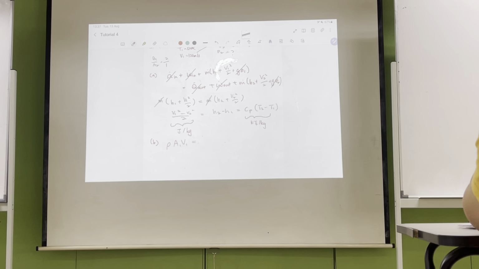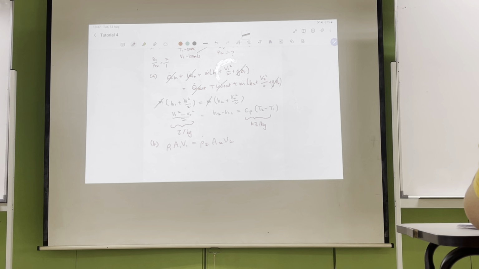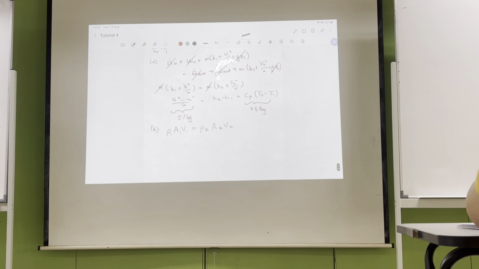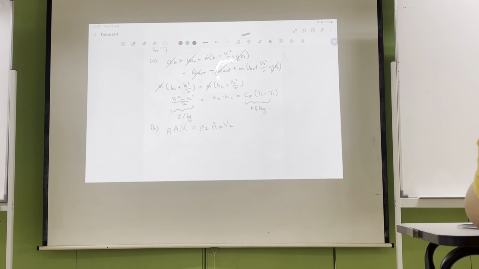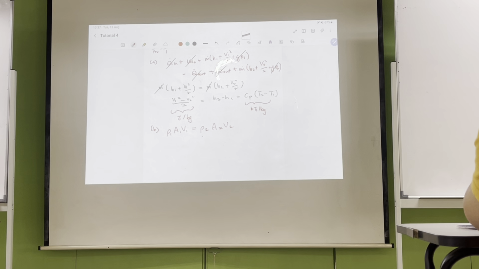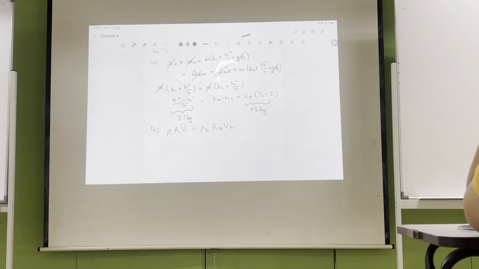Like I said, in our case it is always compressible instead of incompressible. So we don't have density, but we do have specific volume.